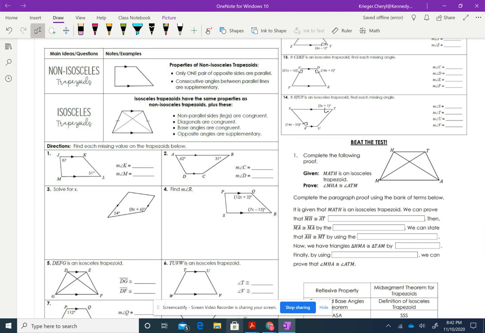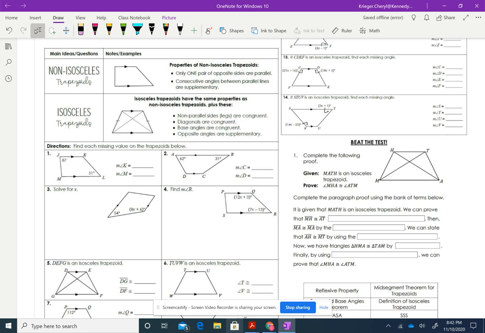Okay, so now we're moving into trapezoids. We have non-isosceles trapezoids. Okay, they look kind of funny. They're trapezoids because they have 4 sides and 2 sides are parallel, right? But that's all they have.